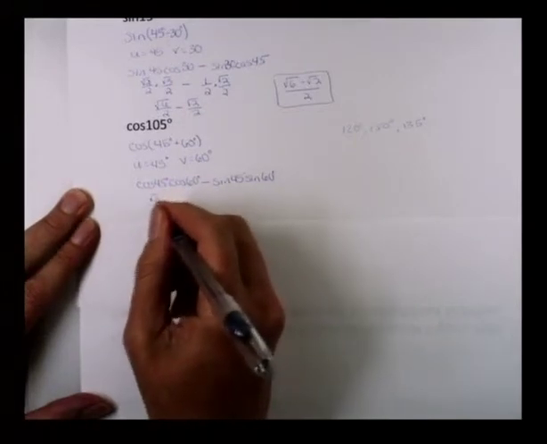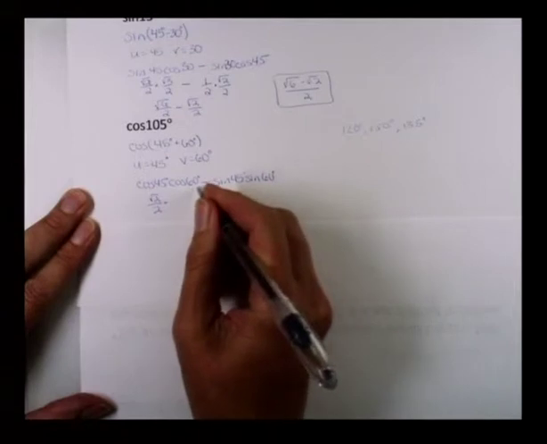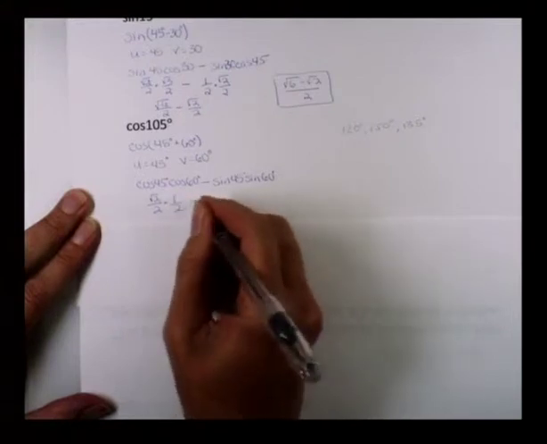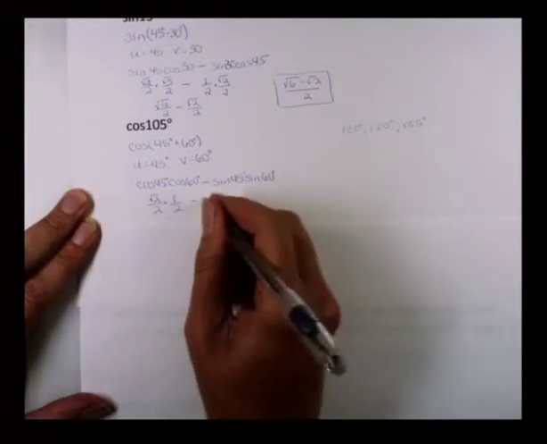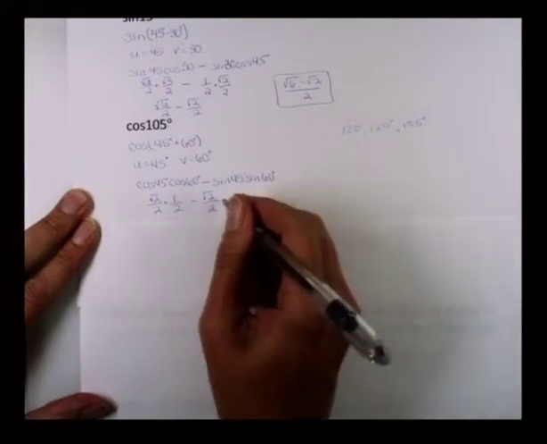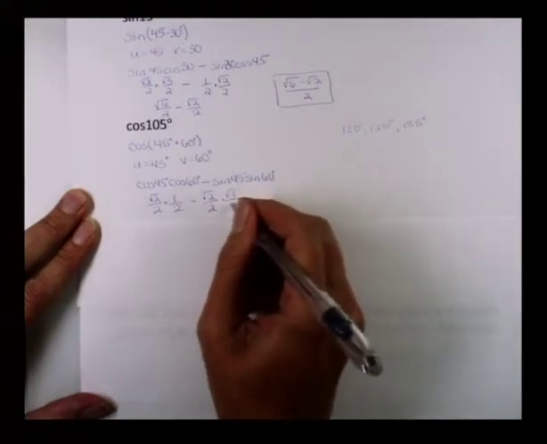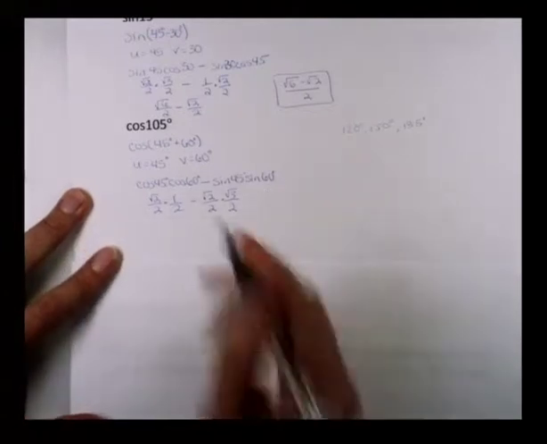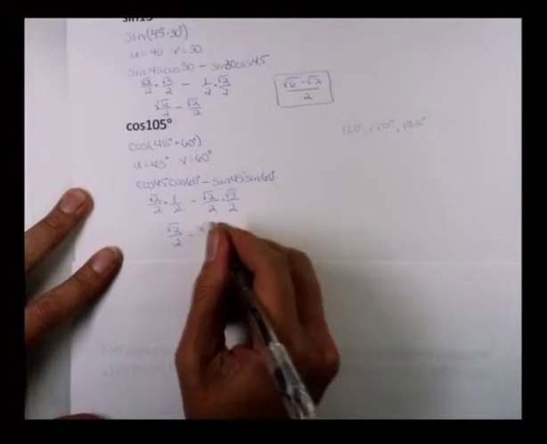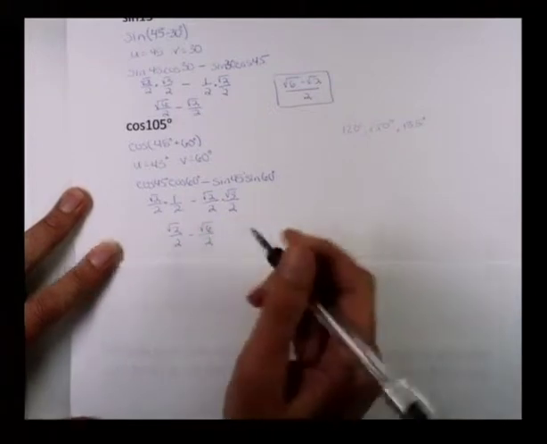I get radical 2 over 2. The cosine of 60 is 1/2, sorry, I blanked there for a second. Sine of 45 is radical 2 over 2, and the sine of 60 is radical 3 over 2. So we're going to clean that up, and I get radical 2 over 2 minus radical 6 over 2.